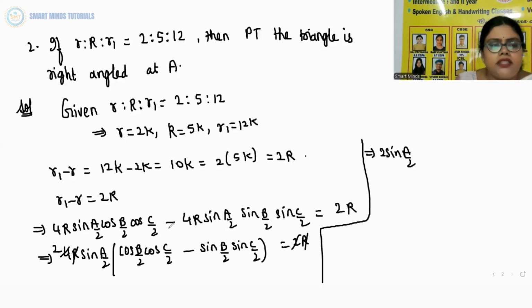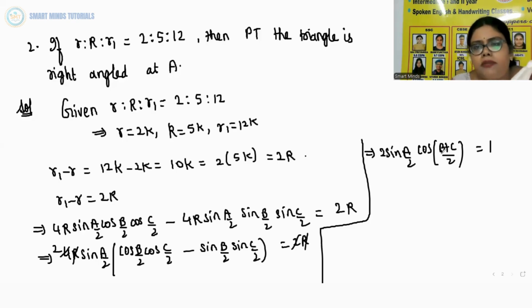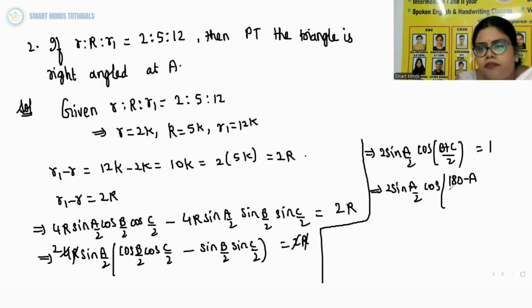Now the bracket is in the form cos A cos B minus sin A sin B. Formula is cos(A plus B). So this is cos((B plus C) by 2) is equal to 1. Now we know that B plus C can be written as 180 minus A using the angle sum property. So cos((180 minus A) by 2) is equal to 1.